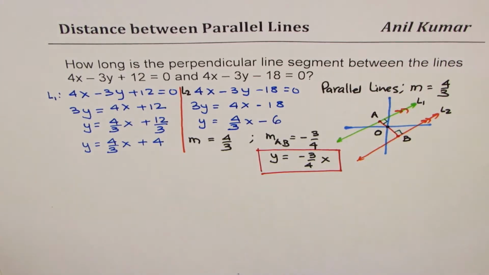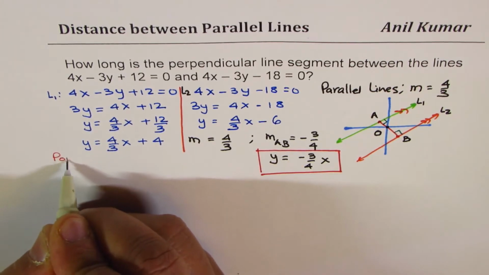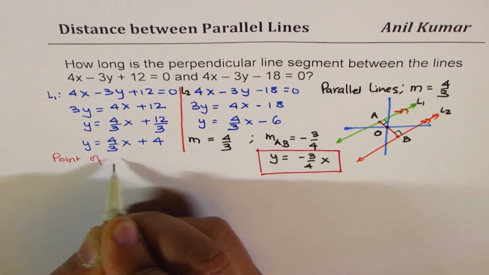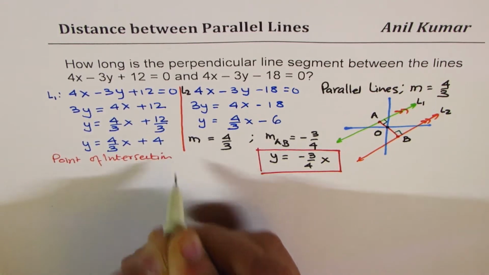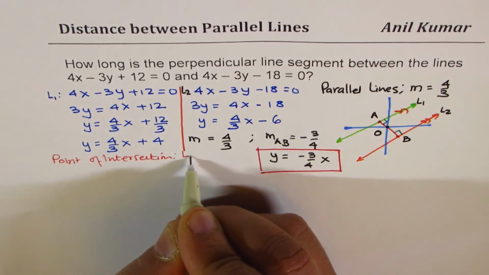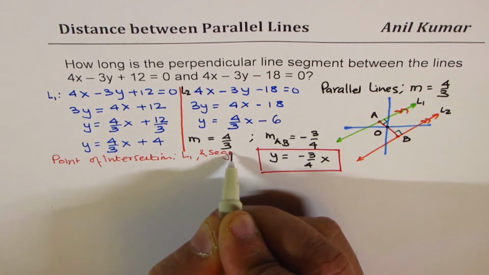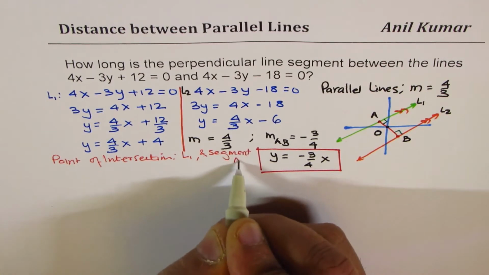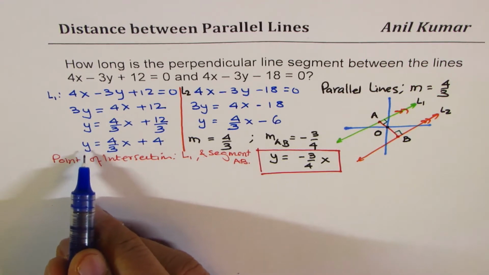Now, let us see how to find the point of intersection. So we'll now find the point of intersection between L1 and segment AB. Is it okay? So let's find that. So we are given that is our L1, line 1.